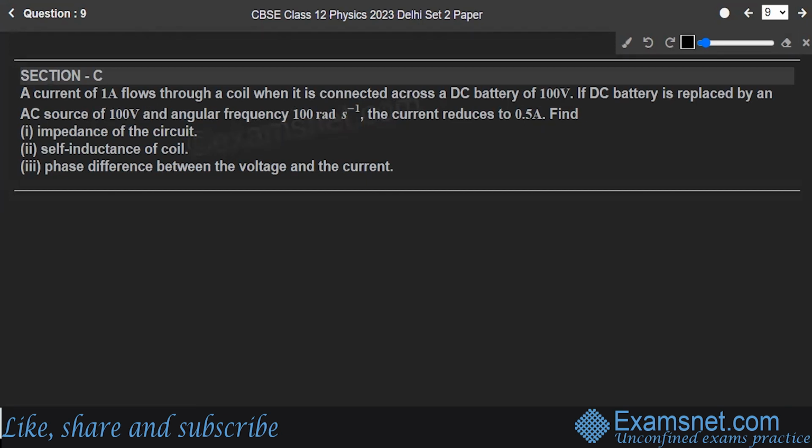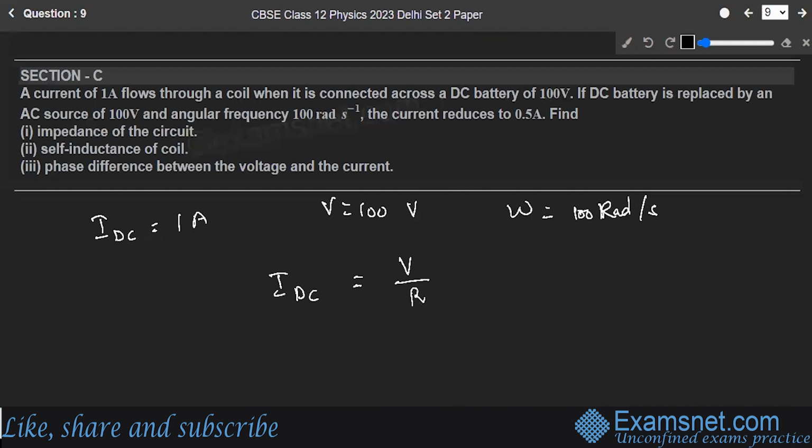So let's write down: you have the DC current as 1 ampere, voltage is 100 volt, omega is equal to 100 radians per second. So IDC is equal to V upon R, or this is equal to 100 upon R. And you have this as 1, so that makes R equal to 100 ohm.